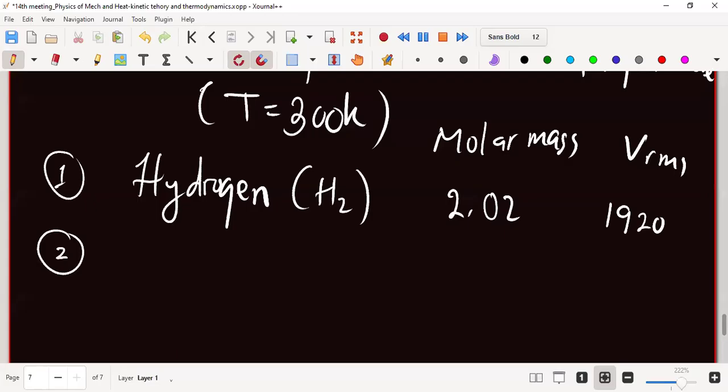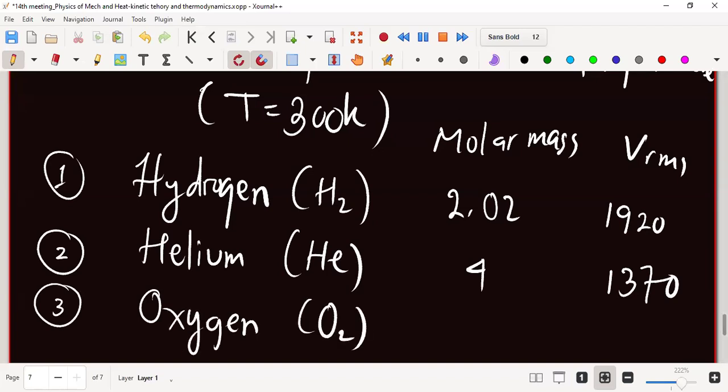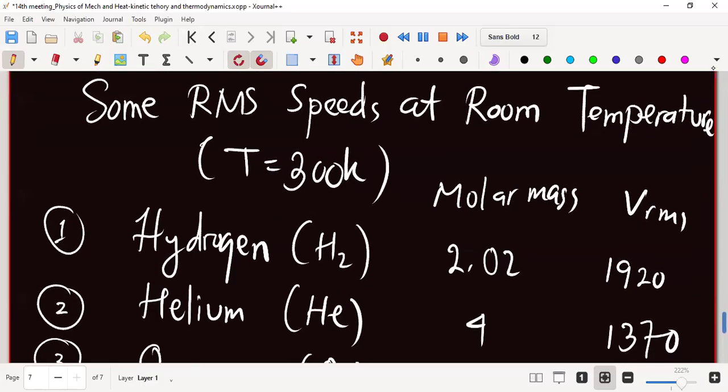And then the other gas like helium, the molar mass is 4, the velocity is 1370 meters per second. And the other gas like oxygen, O2, the molar mass is 32 grams per mole, so the velocity is 483 meters per second. Okay, these are several examples of RMS speed at room temperature.